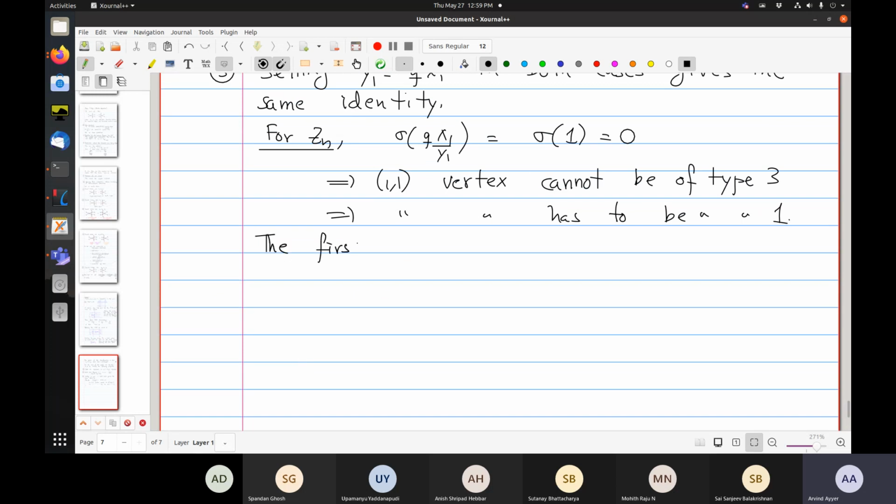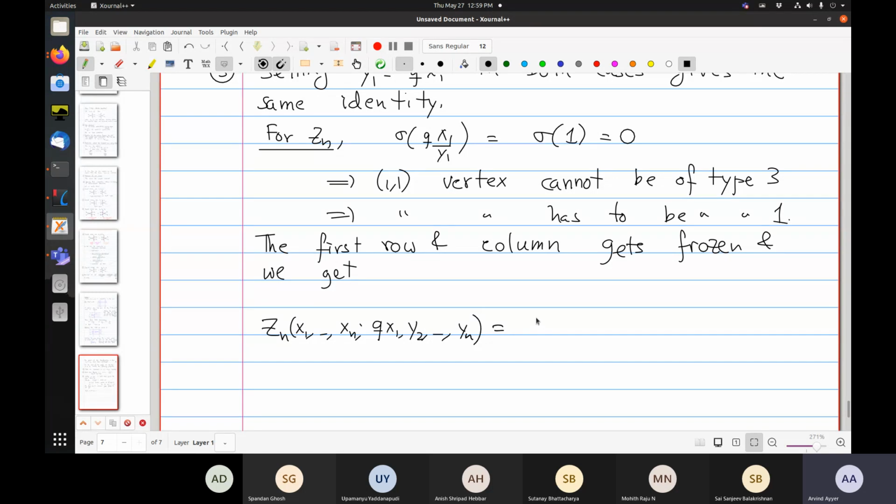Okay, so the first row and column is frozen, and we get Zn of x1 up to xn; qx1, y2 up to yn is equal to the product j equals 2 to n.